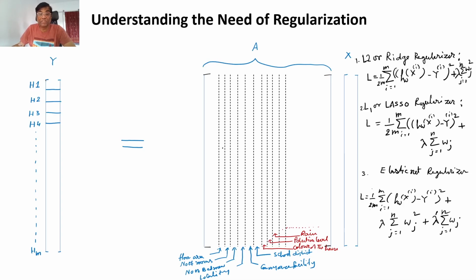By the way, what are features? Features are important entities which determine the outcome. Here is the price. So one feature could be floor area, number of rooms, number of bedrooms, in which locality it is, conveyance facility, school district. These are actually the features which I have decided, and accordingly I have collected data.